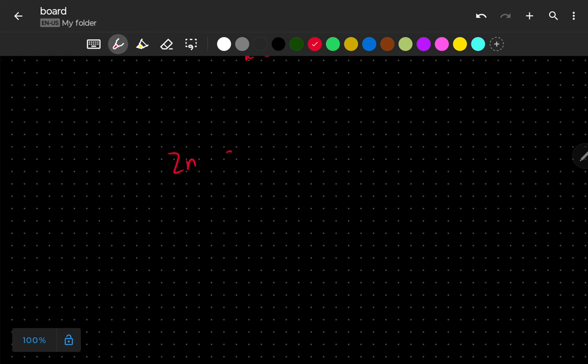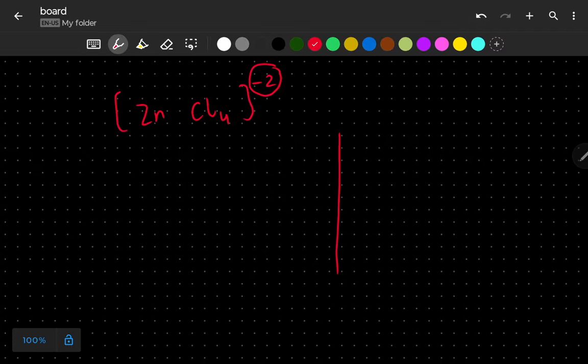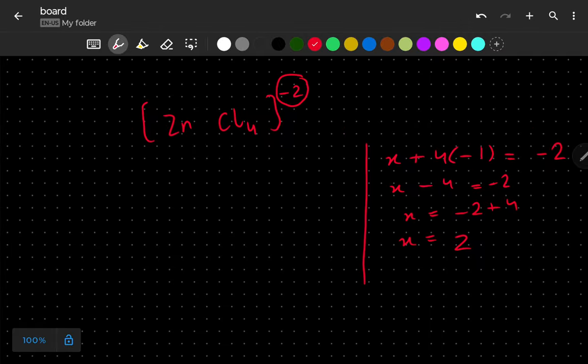Now another example like this, [ZnCl4] with a whole charge of -2. Here we are given -2. First calculate the oxidation state. For zinc just put X, and 4 for chloride, -1, is equal to -2. X minus 4 is equal to -2. This goes over in addition form. This gives us 2.